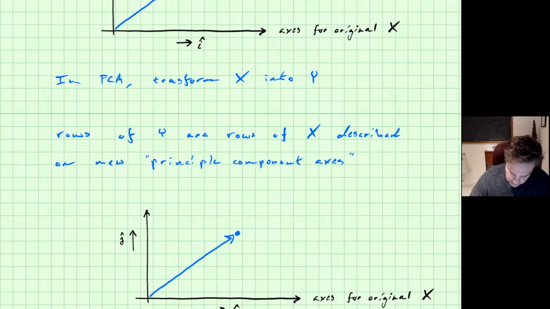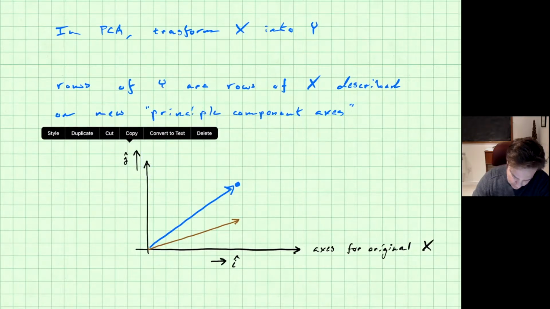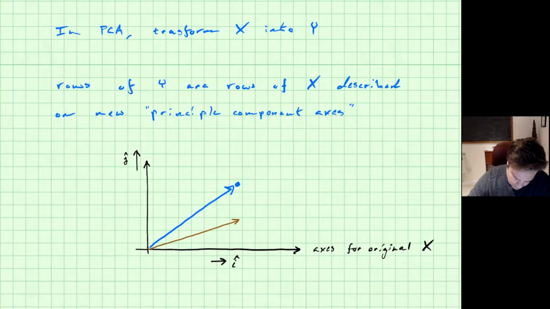And so what we do with the principal component axes is there are some new axes, and I'm going to draw them in brown. It looks something like this, and they're perpendicular, orthogonal to each other. I didn't draw that perfectly.